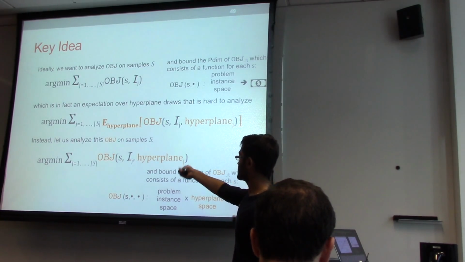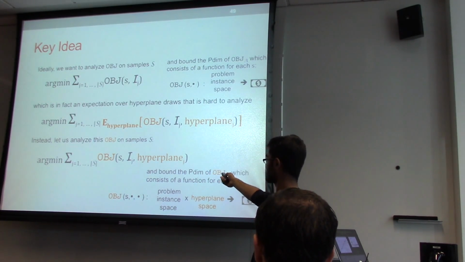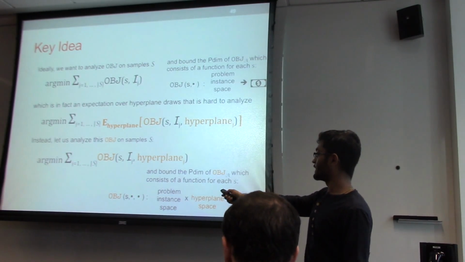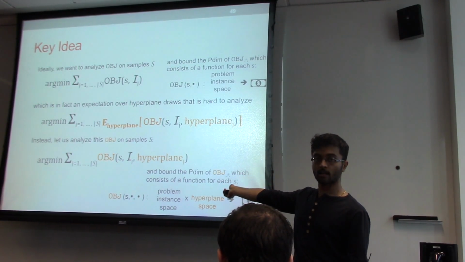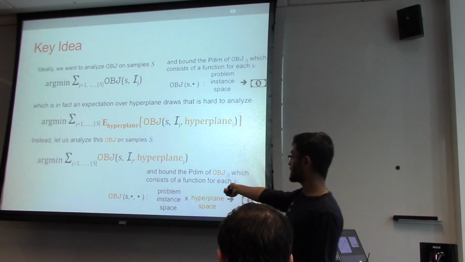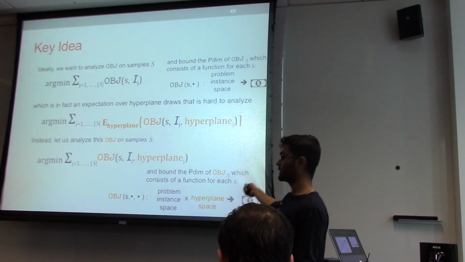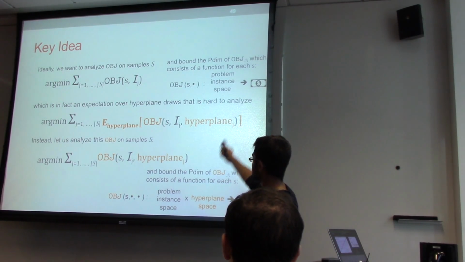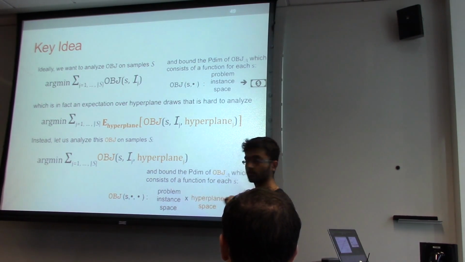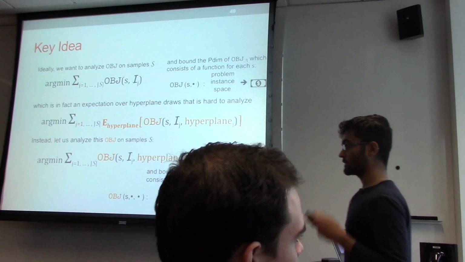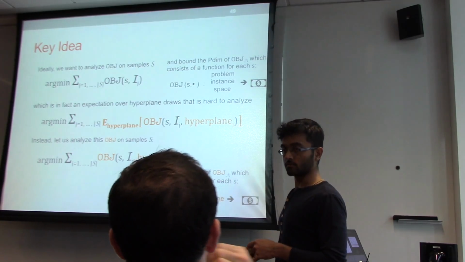So in order to analyze this, I need to analyze the pseudo dimension of this new objective, obj sub A, where each function in this class is now the objective instantiated for each S, and it maps a problem instance and a hyperplane to a cost value. So the one above is simply this, but in expectation over all the hyperplanes. Okay. So we overcome the randomization in the algorithm through this.